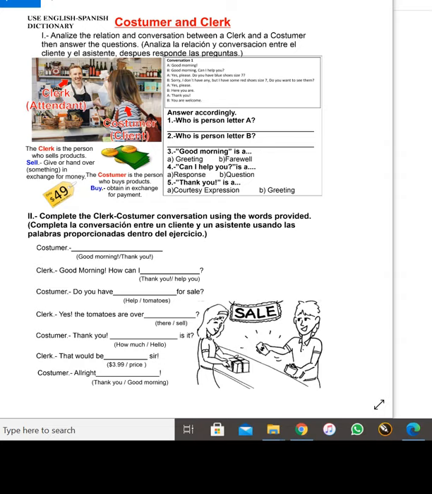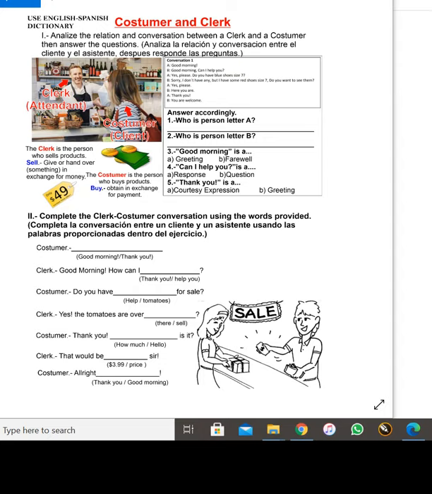All right. Moving on. Customer: Thank you. Thank you is another courtesy expression. This time, the person using it is the customer. And then the clerk says, "You are welcome." You are welcome is a courtesy expression.